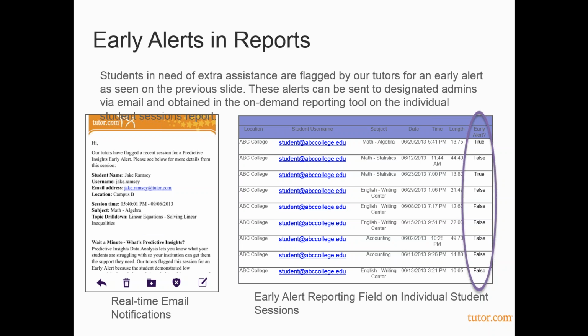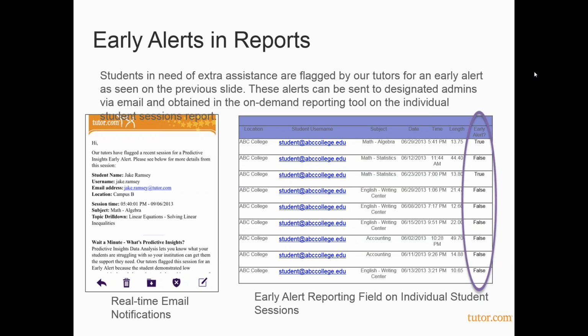Now, the things that would trigger an early alert for a student would be if the tutor rated that the student had low prerequisite knowledge, they would initiate an alert on that session. If the student walked away not having achieved mastery of the concept, we're going to put an early alert on those sessions.